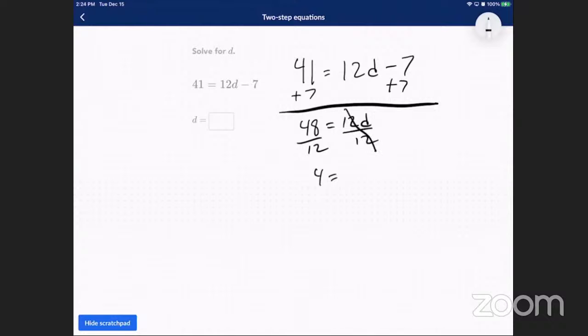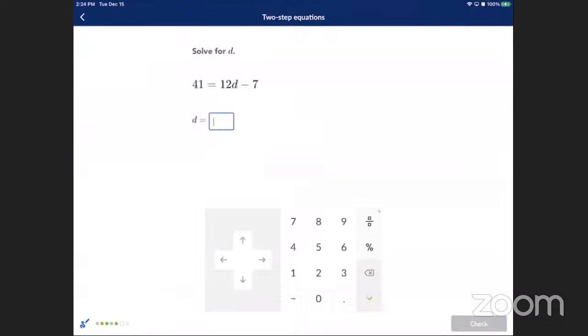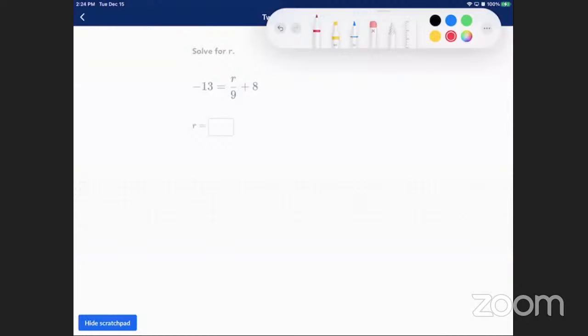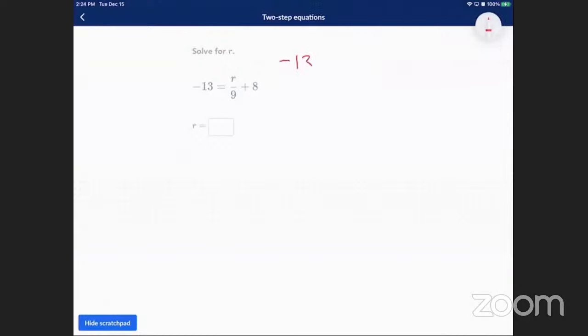Multiply 9 by both sides, we end up with 9r over 9, right? That's why this cancels out. Because if you multiply both sides by 9, you have 9r over 9. This is just like saying r.